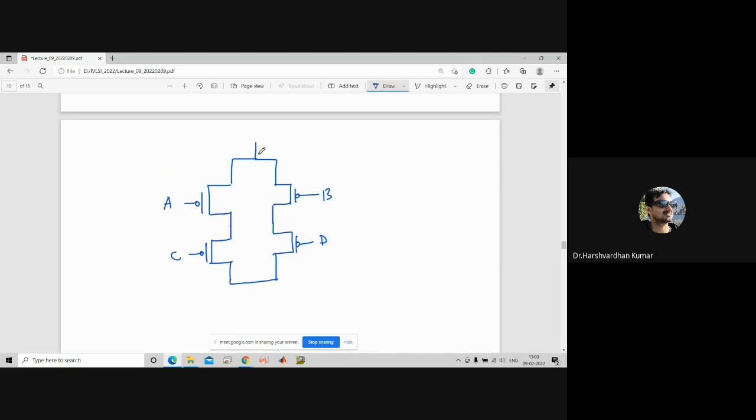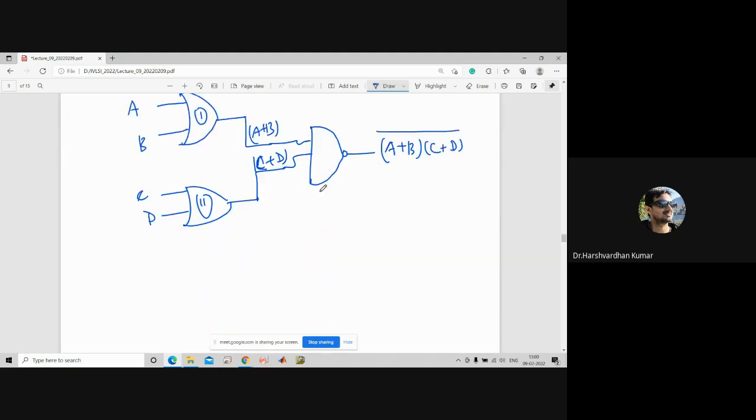But for the AND gate, because we also need an AND gate, so what will happen? What will be the case? Or VDD. So what will be the configurations now to get the NAND gate? This is the NAND gate, right? So we have already drawn the circuit for this 4 input OR gate. What was the NAND gate?